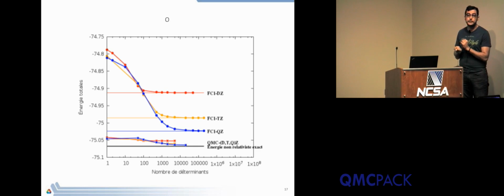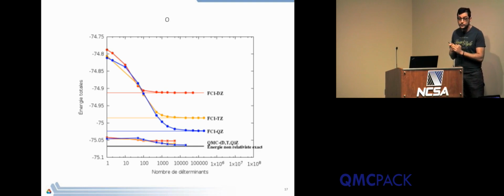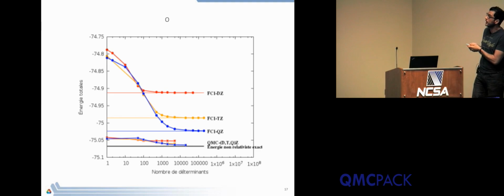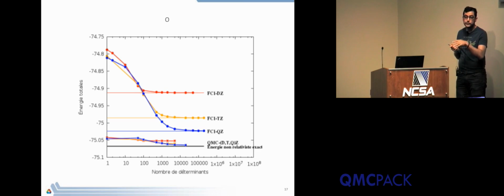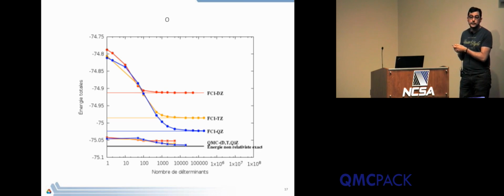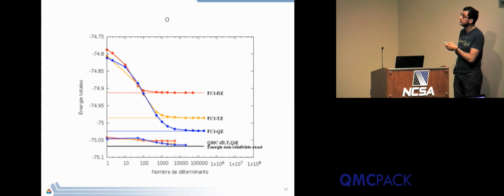Someone had enough time in his life to do a full non-relativistic exact energy for oxygen, which is not that complicated, but yet. And this is the exact value we have. So basically, if we do any type of method, we're always limited by the basis set that we are using. So if you do a full CI calculation, you will at best get an extrapolation for that basis set.